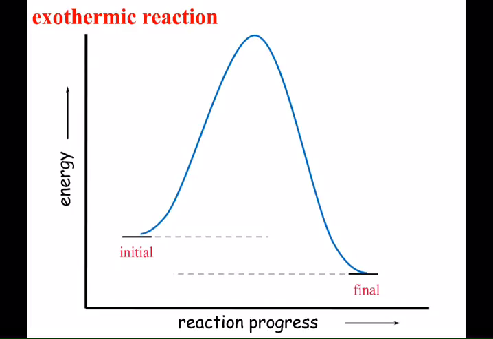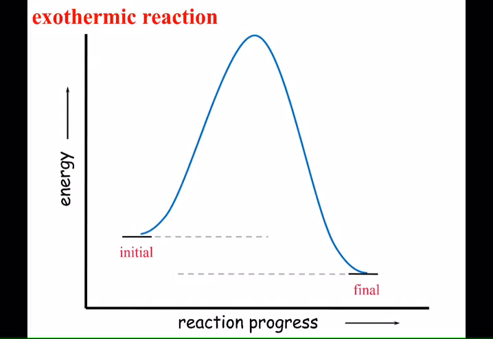This is my negative delta H, but this right here is my barrier. And sometimes it'll be a big barrier, sometimes it'll be a little barrier. But all reactions, as they proceed from reactants to products, have it. They're like opinions. Everybody has one. So there's your Ea.